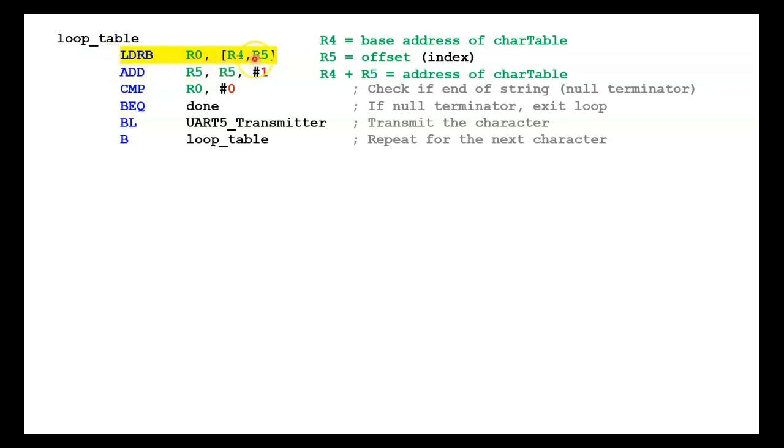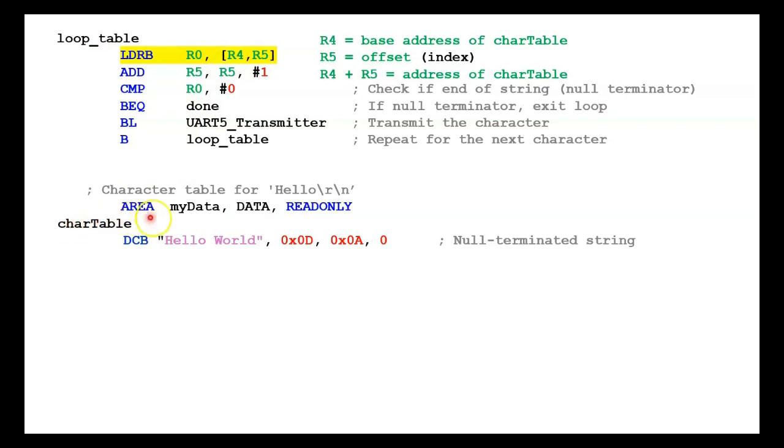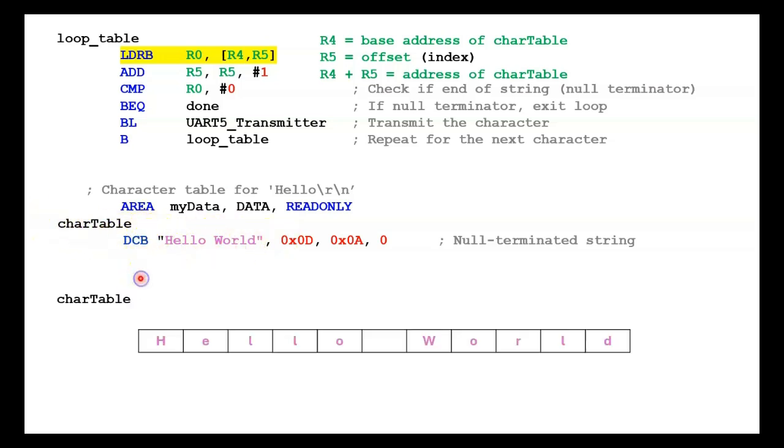To explain it, let me recall the char table, and zoom in to this part here. Char table would be assigned an address. That address is called the base address, and it is assigned by the assembler.